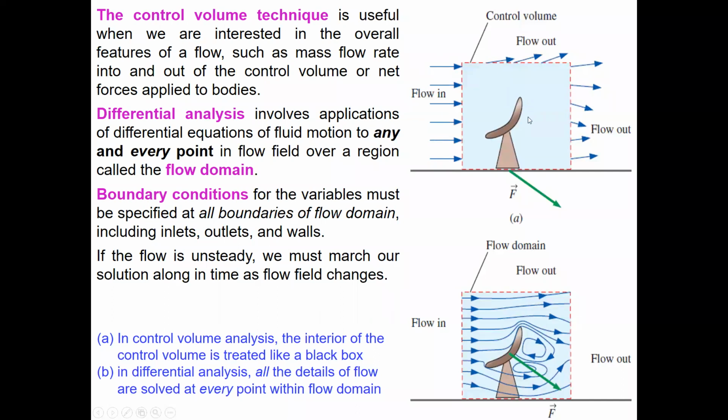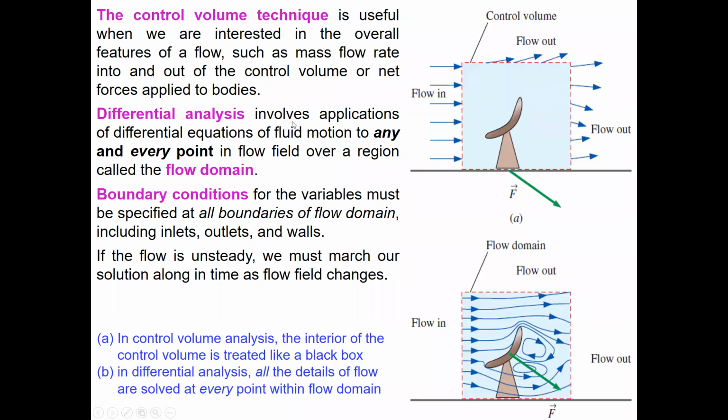The control volume technique is useful when we are interested in the overall features of the flow, such as mass flow rate into and out of the control volume, or net forces applied to the body. How much inflow is coming, how much outflow there is, what is the loss behind it, the total flow across the volume unit.